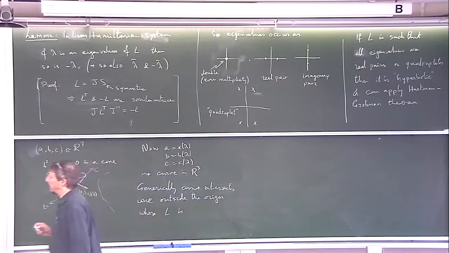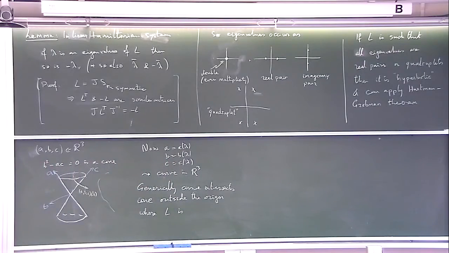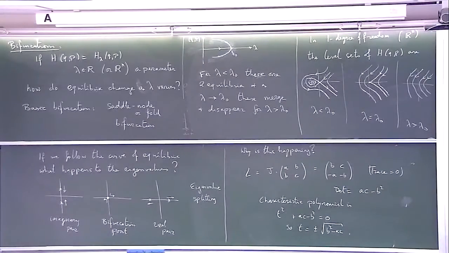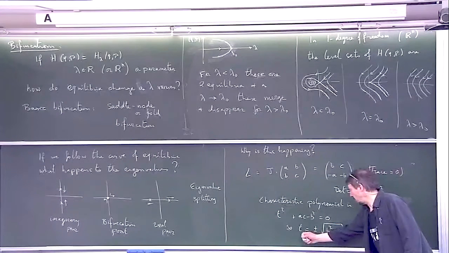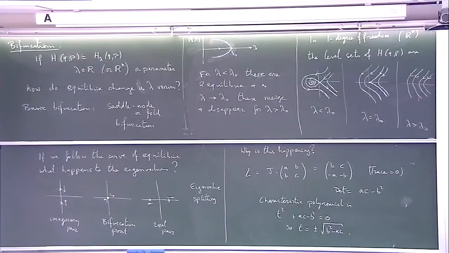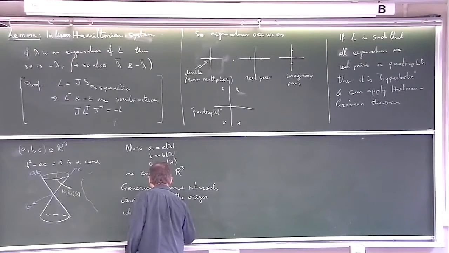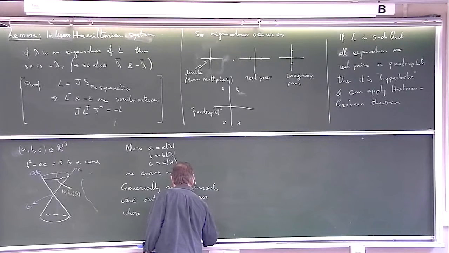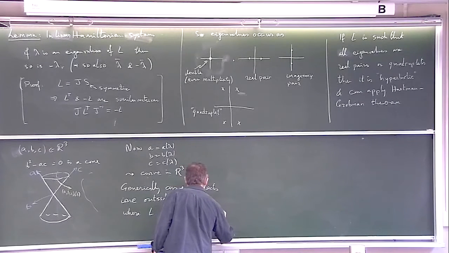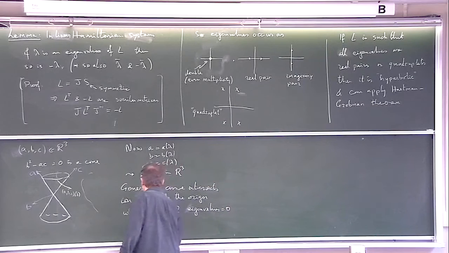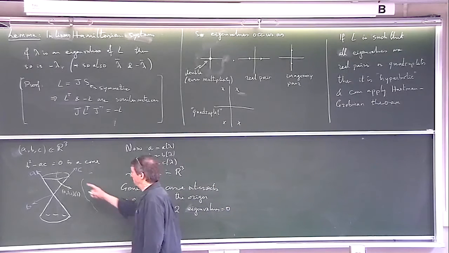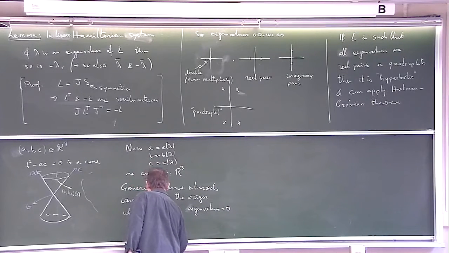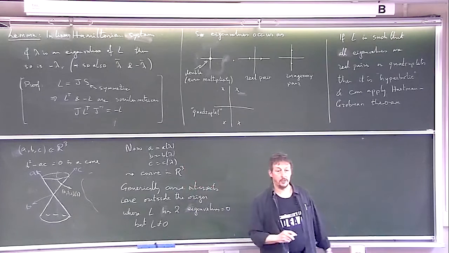So when AC equals B squared, the eigenvalues are both 0. But L is not 0. So it's nilpotent.